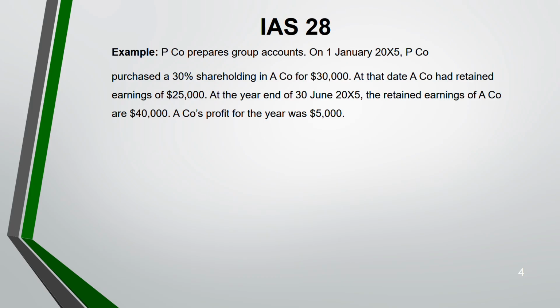A's profit for the year was 5,000. So they have given A company's profit.